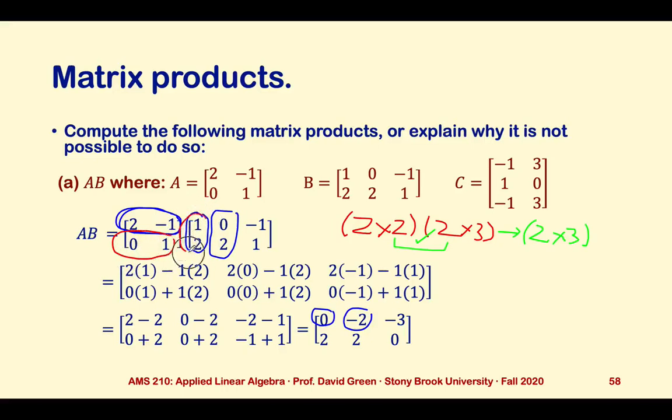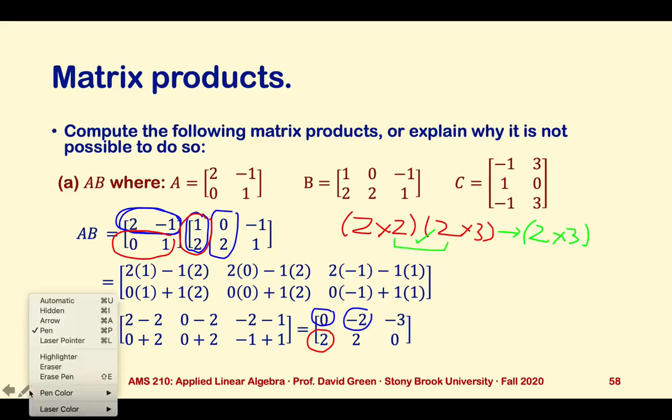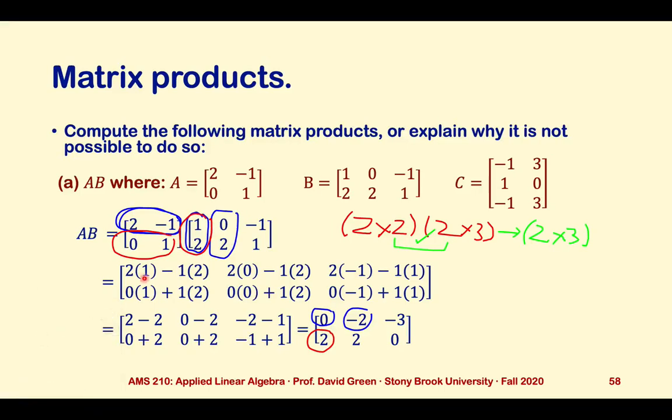Second row of A with the first column of B. 0 times 1 plus 1 times 2 is 0 plus 2 is 2. And we carry along with the same process to complete the second row. Second row of A with the second column of B, 0 times 0 plus 1 times 2 is 0 plus 2 is 2.